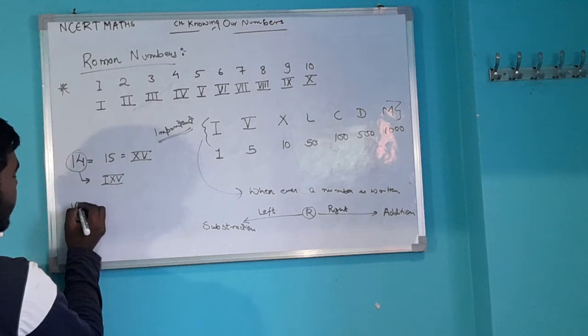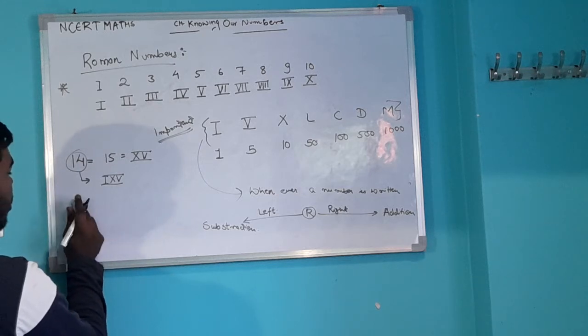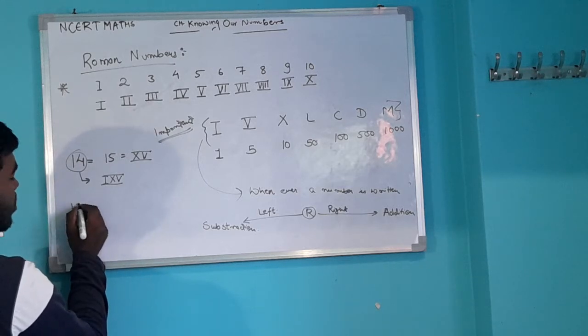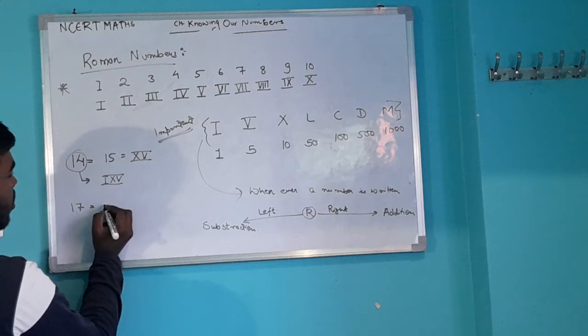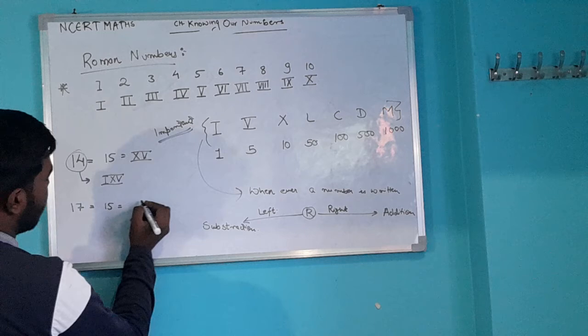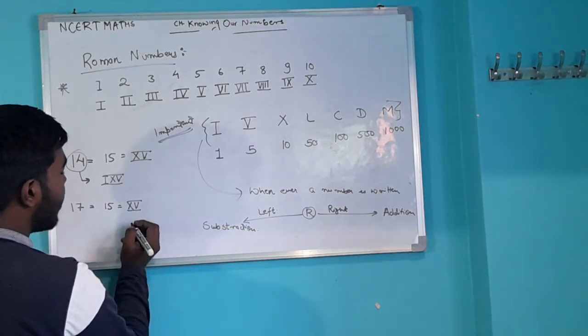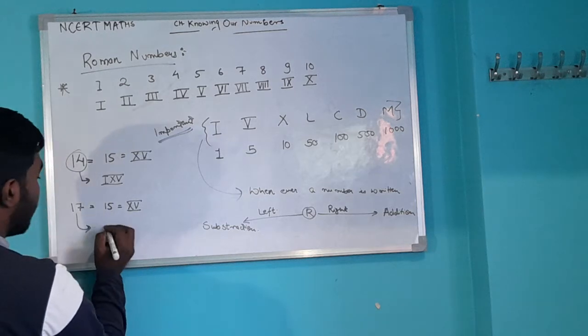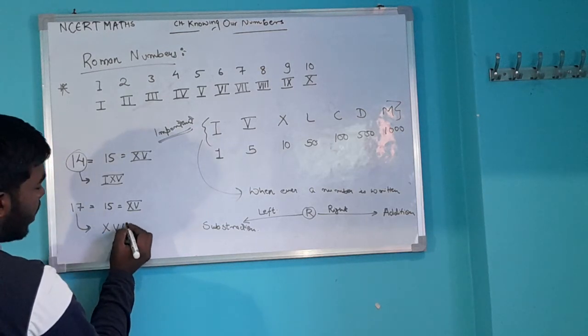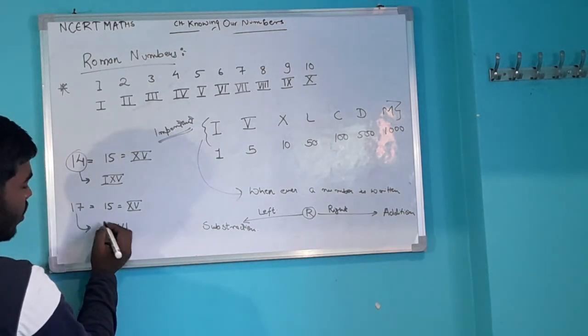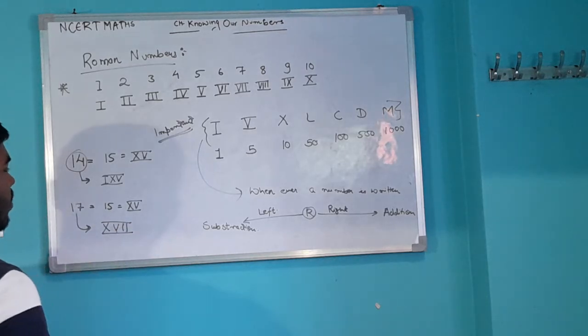And whenever 17 needs to be written, its nearer number is 15, which is written as this form, 10 plus 5, and for 17, we add 10, 5 and 2, which is 17.